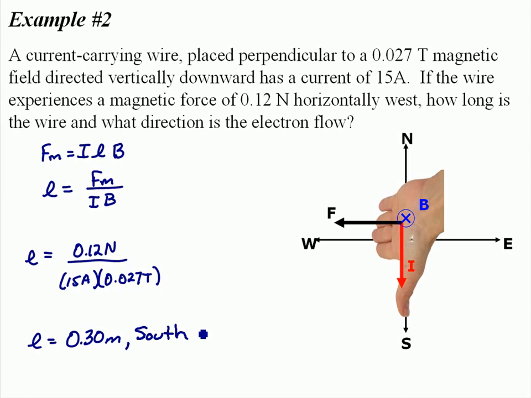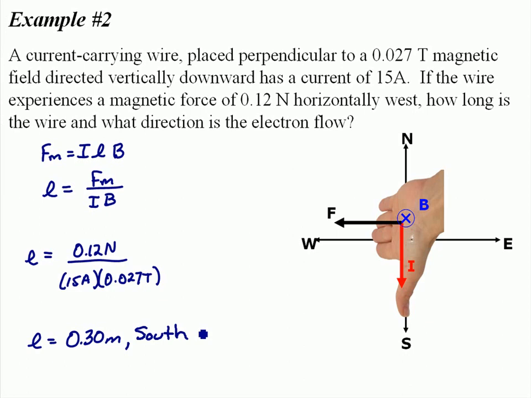So there's a second example. The key that you're seeing with these two examples, and something I said at the very beginning, is that when the conductor is perpendicular to the magnetic field, you will get maximum force. If the conductor isn't perpendicular to it, you will get a force, but it won't be as strong.